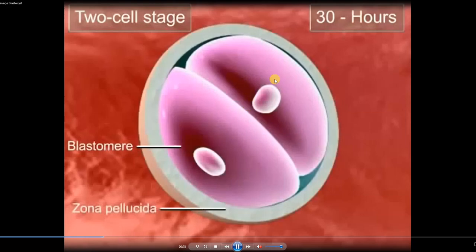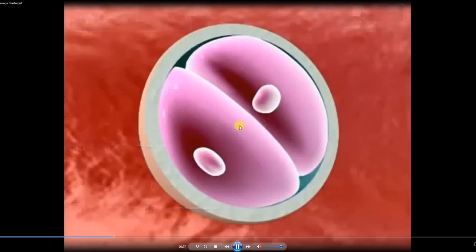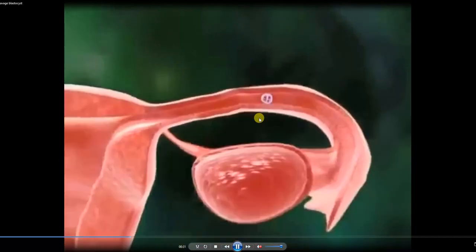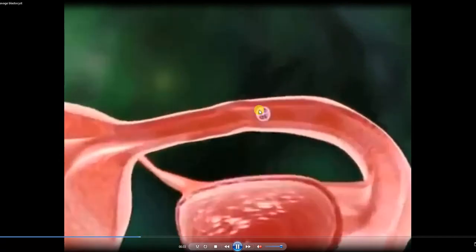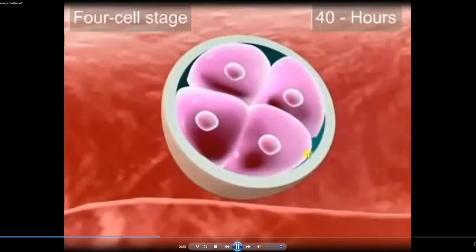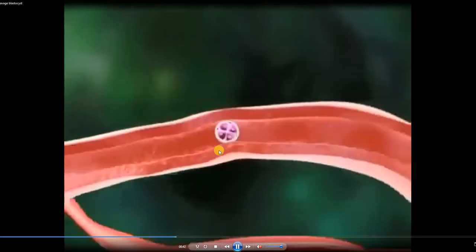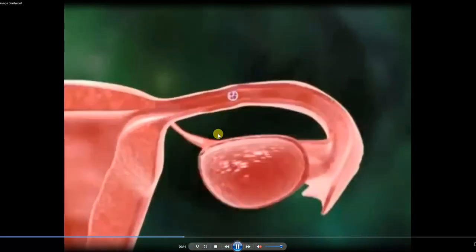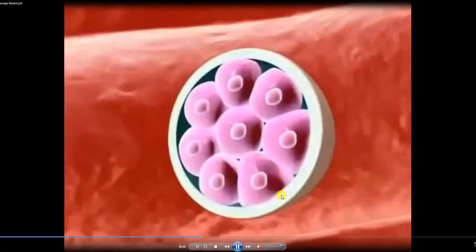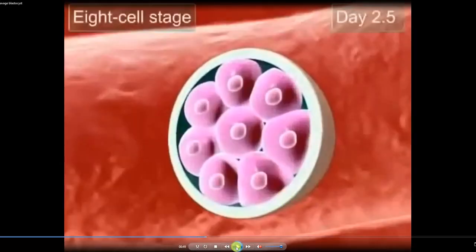They are totipotent stem cells from which every cell of the human body can be formed. Then cleavage continues, so after the 2-cell stage we have the 4-cell stage. They are also totipotent cells, and they are absolutely equal to each other.